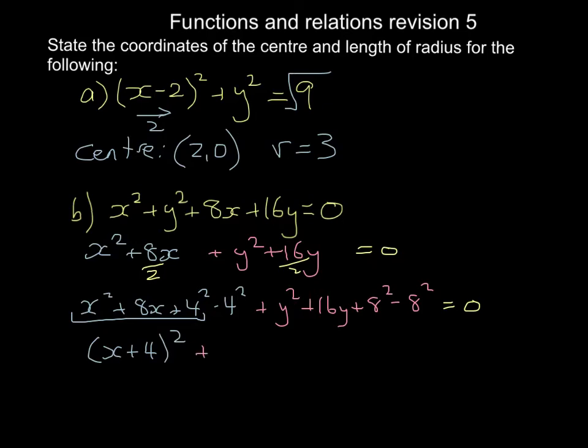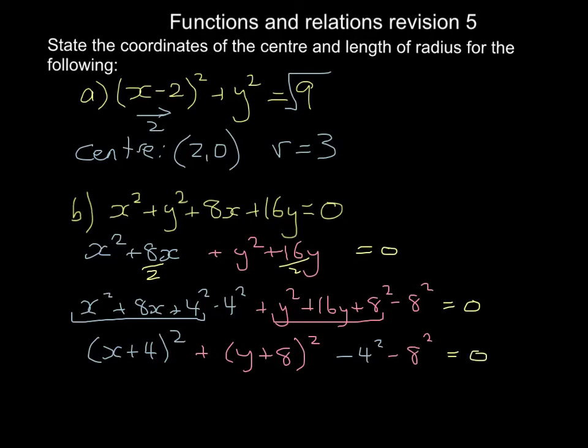Plus, we take the first 3 terms there, that becomes the perfect square. Y plus 8 all squared. And then these other bits that we've got left hanging over, take away 4 squared and the take away 8 squared. This is all equal to 0.